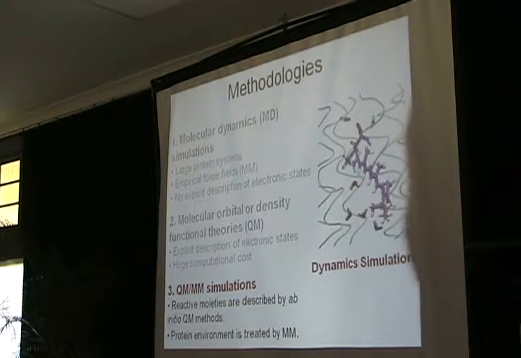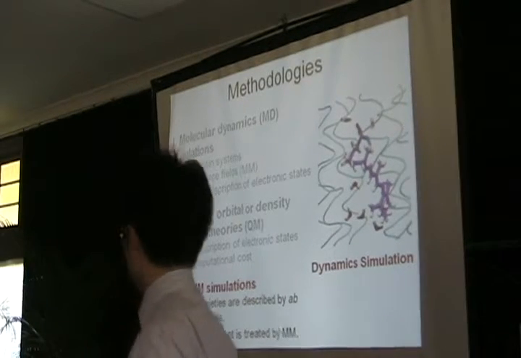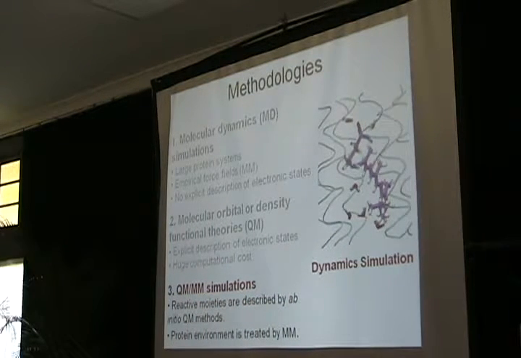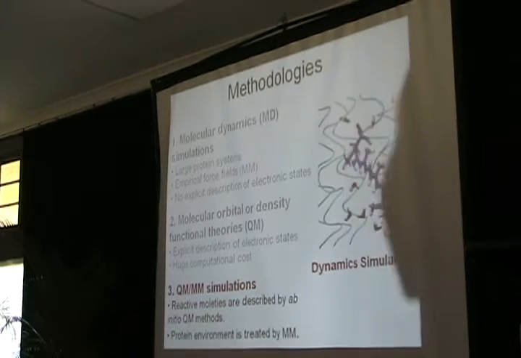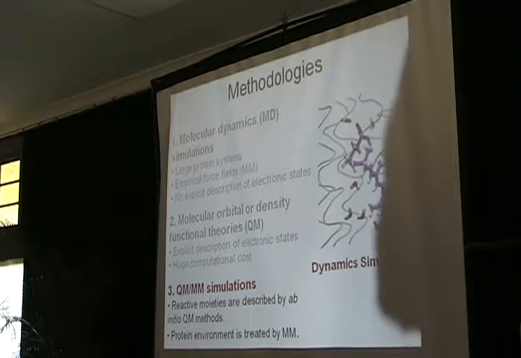So this method saves computational cost a lot. And finally, we can calculate, for example, dynamic processes in the excited state in the protein environment directly. I'll talk about this.